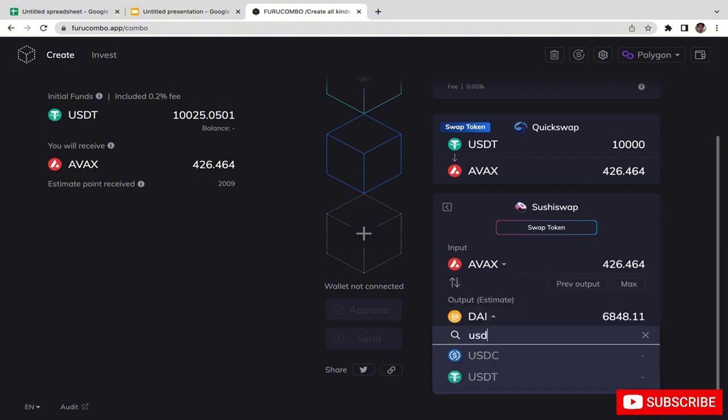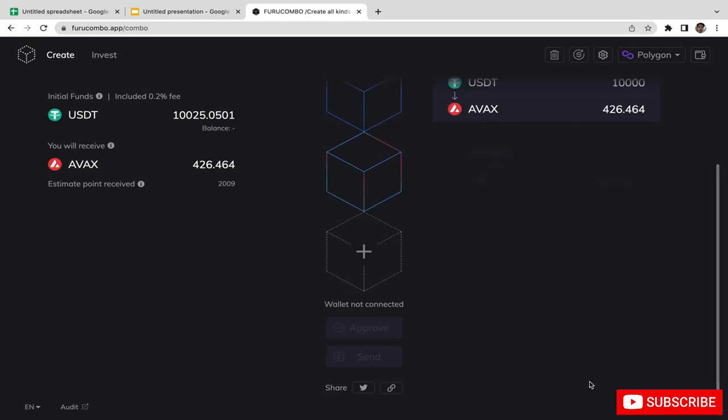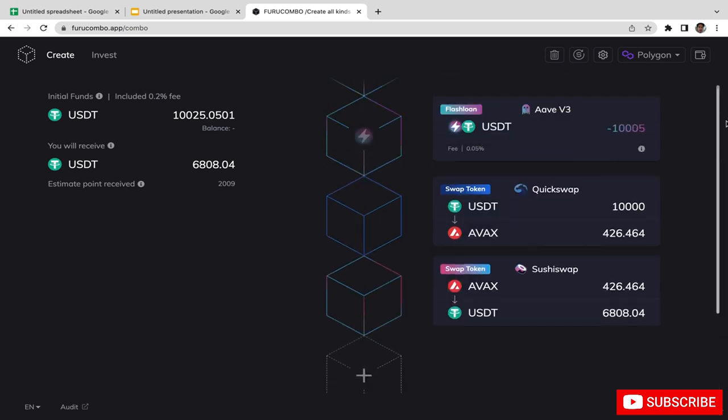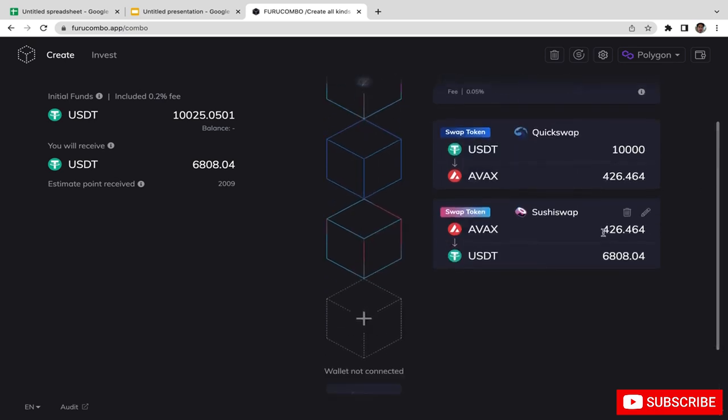So just convert it back to Tether. Set it. It's estimated that if you purchase USDT with 426 FX, you're going to get 6,808 USDT.